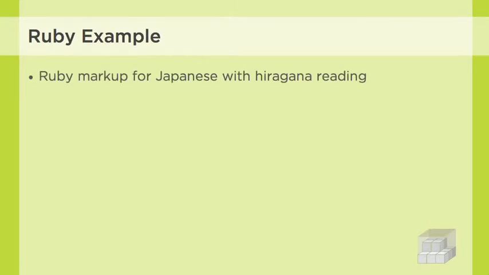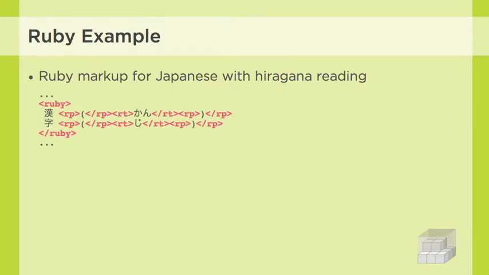So let me show you an example of Ruby markup for Japanese, actually, that has a hiragana expansion of kanji characters. The following is a complete Ruby example with an open Ruby tag, closed Ruby tag, some kanji characters, and the RP tags around the parentheses, the RT around the Ruby text hiragana expansion itself. So if you were to see this in a browser that supports Ruby, this is what it would look like.